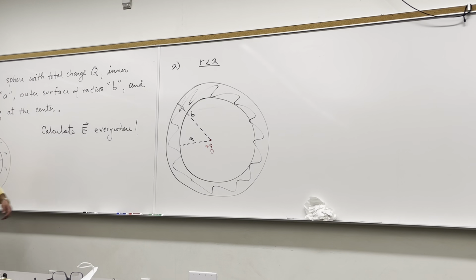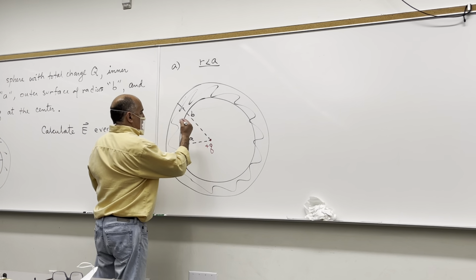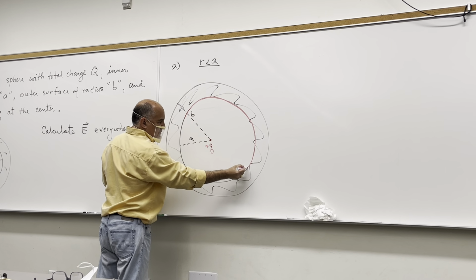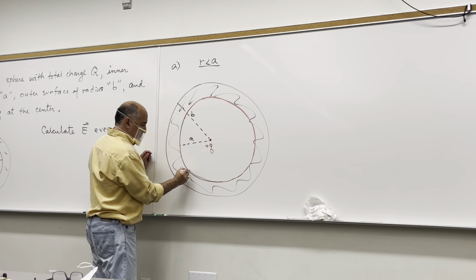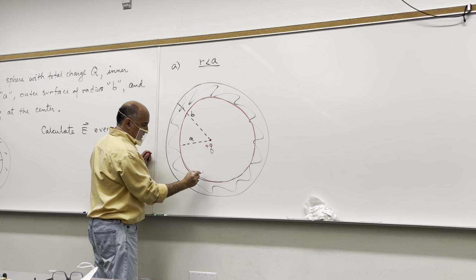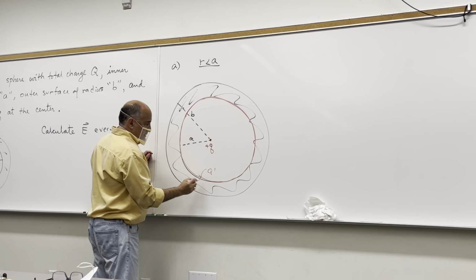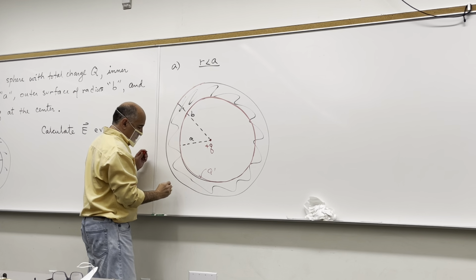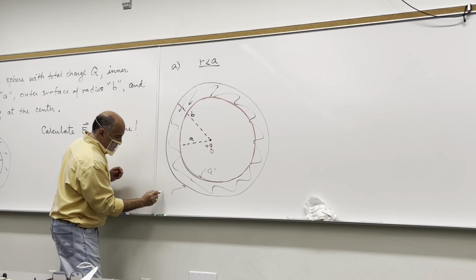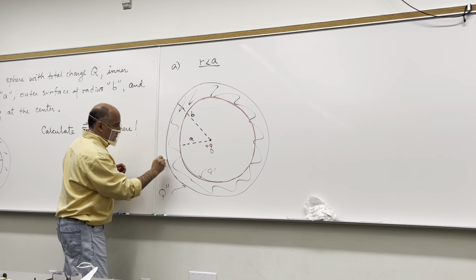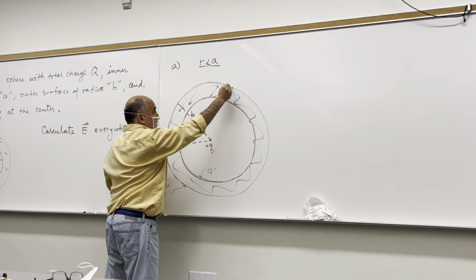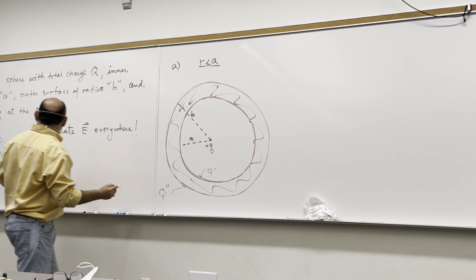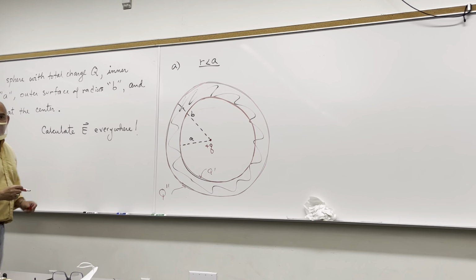How about we call the charge here on the inner surface of the conductor, I'm going to give it a name for the sake of argument, I'm going to call that charge Q prime, and the charge on the outer surface Q double prime. And I do know that the sum of those 2 charges must be capital Q. Right?